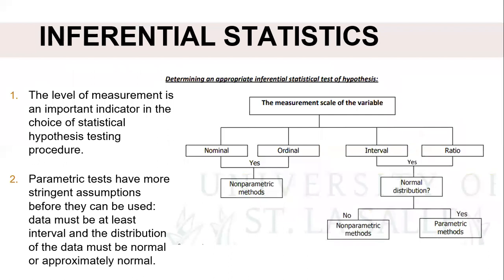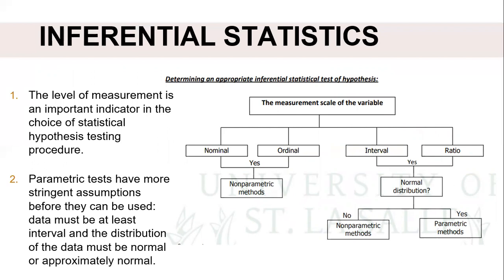Now, it is important to determine an appropriate inferential statistical test of hypothesis. If you could see in this diagram, there are actually many ways of determining. It's like there's some sort of a flow chart on what to do.